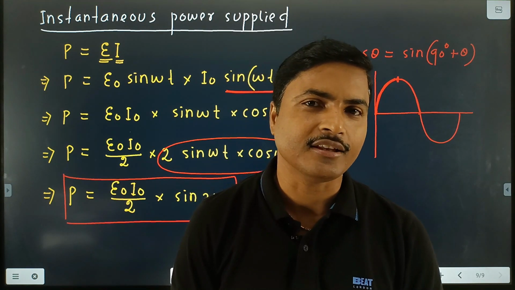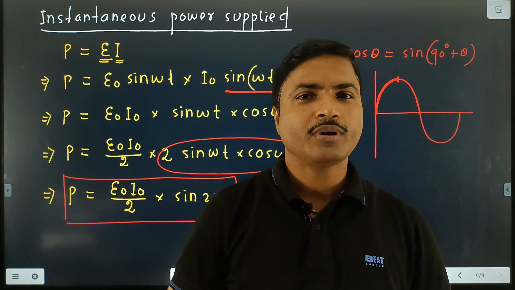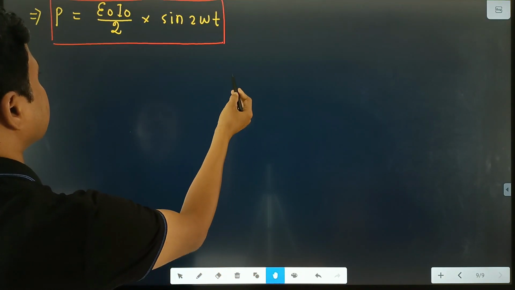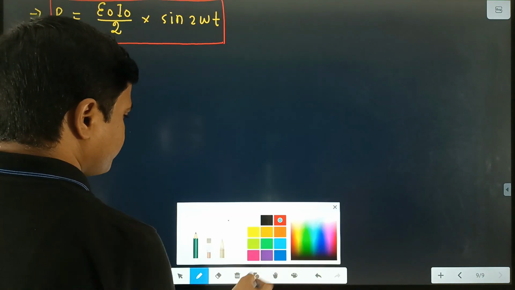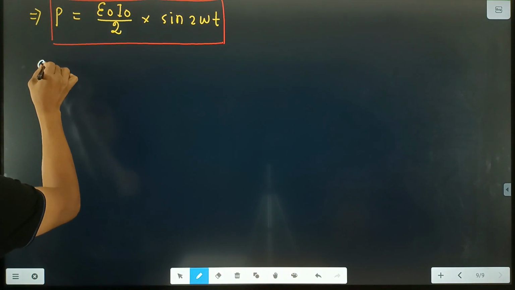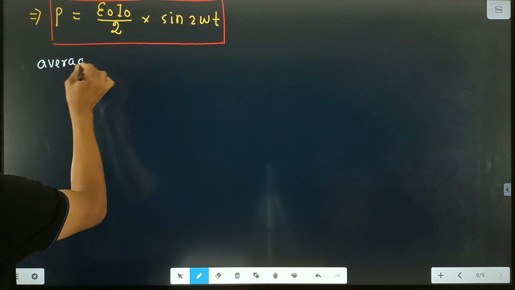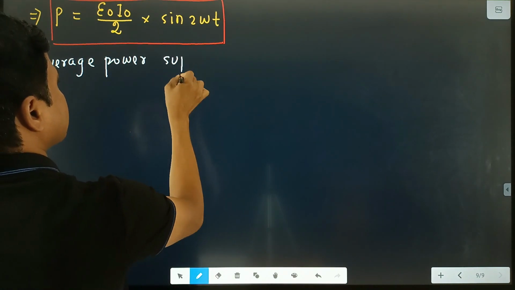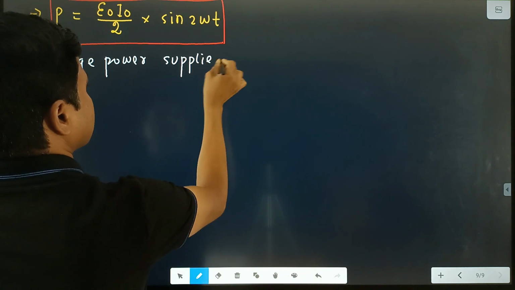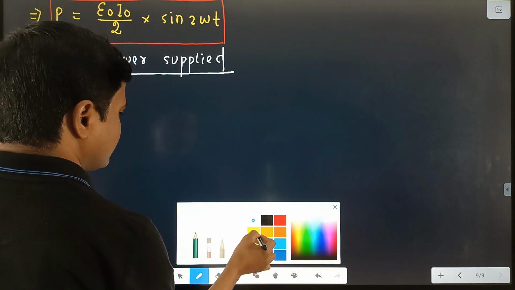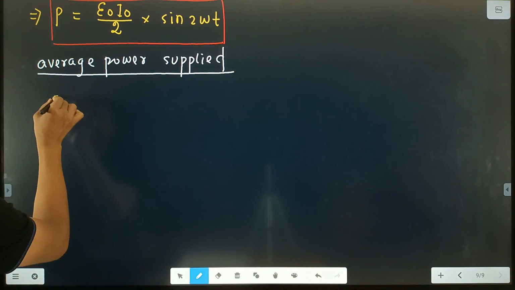And for a full cycle, what is the average power consumed? From this expression we calculate, simply we write average power supplied, and the symbol for average power supplied is P bar.